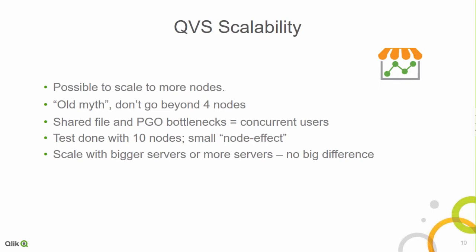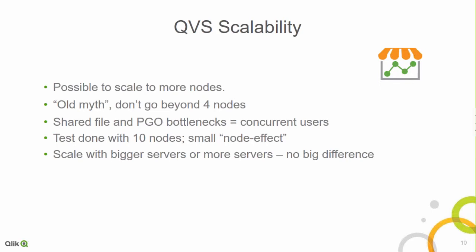There's also been improvements to QVS scalability. It's now possible to scale to more nodes. There is an old myth that we run into quite a lot on community or in support tickets about how it's generally best to avoid going above 4 nodes in a QlikView deployment. I don't think that's true even in 11.20 actually.